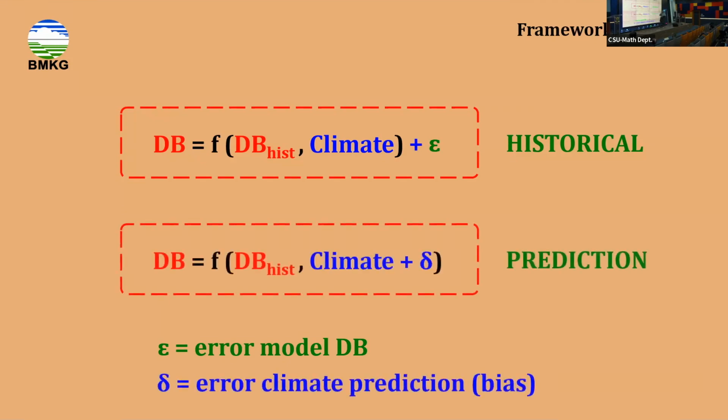Then the new prediction should be the dengue history and climate factor plus some bias of the climate modeling. Then we still have error in our model.